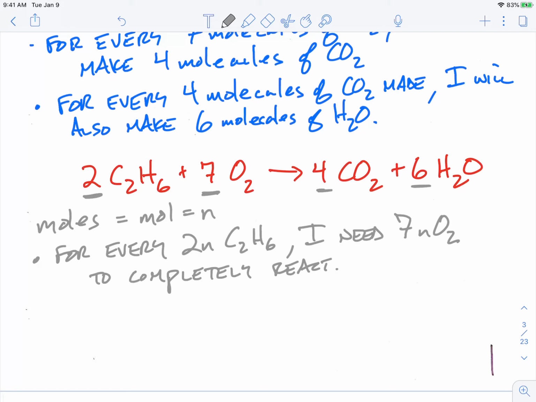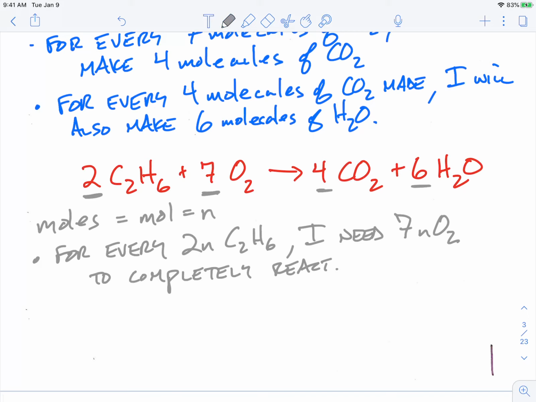So this is one way that when we're looking at an equation we can compare them on a big scale, recognizing that these coefficients, these numbers in front, represent moles. I can basically replace any time I talked about molecules in a previous sentence with moles.